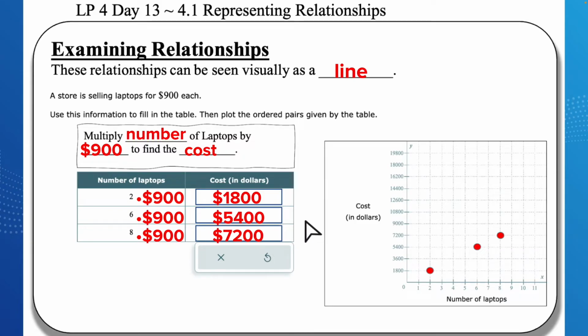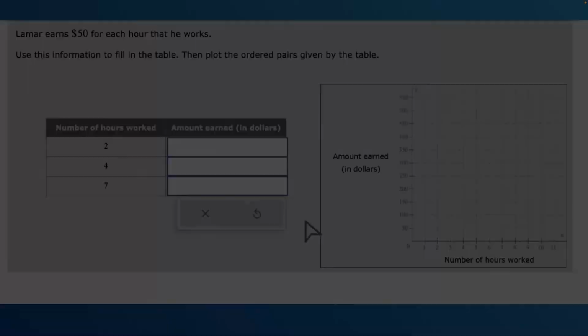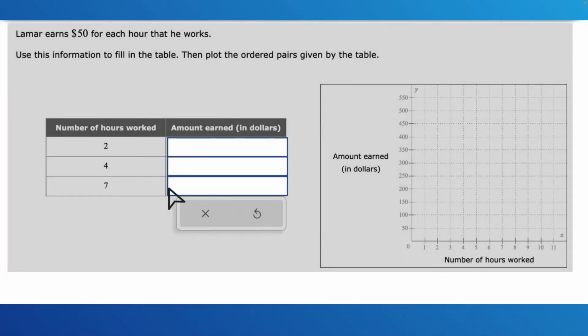All right, so we're going to go ahead and try one more of these. Lamar earns $50 for each hour that he works. So not a lot of information, but definitely enough information. If Lamar works 0 hours, he's going to make $0. There's nothing here to tell us that he's going to make any money for not working. He works 0, he makes 0. But if he works 1 hour, he gets $50. If he works 2 hours, he gets $100.